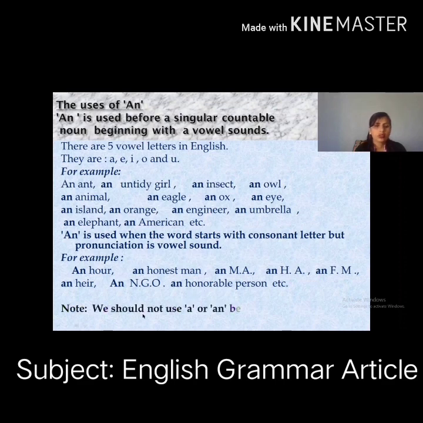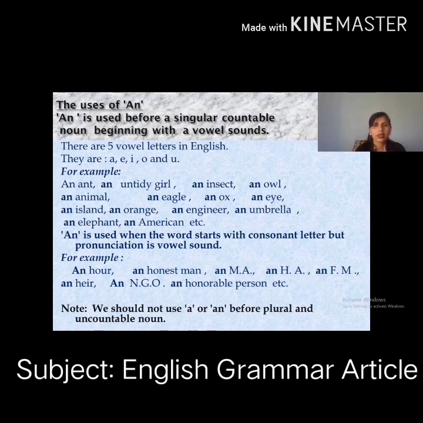Look at the note. We should not use a or an before plural and uncountable nouns. Plural means like bags, men, pens, goats, cows, cats, etc. These are plural nouns.